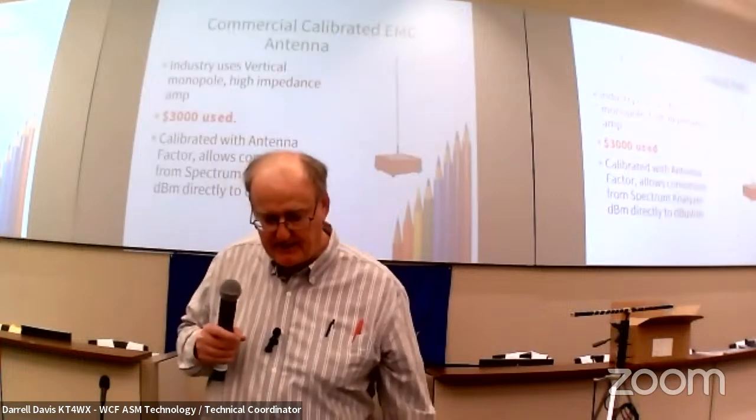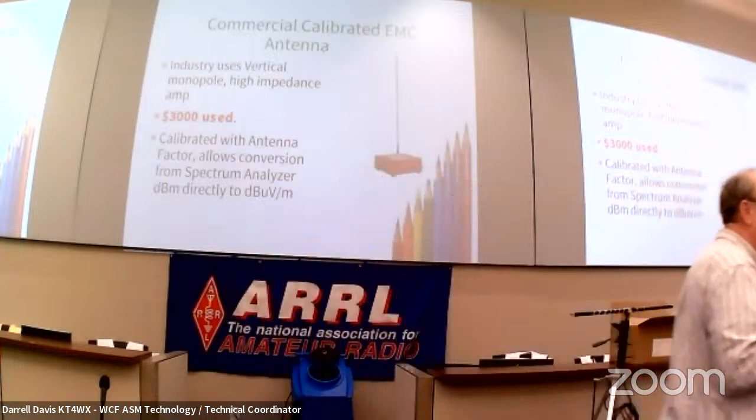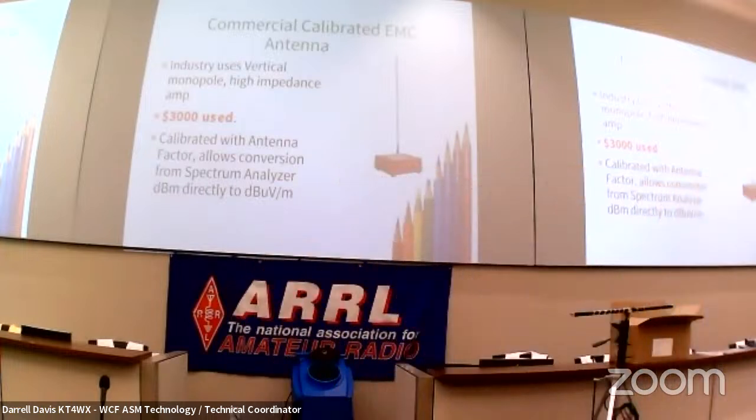So I need a calibrated antenna. Oh, that's no problem. They sell them. It's a 3-foot monopole with a high impedance input amplifier, and there's also a ground plane that goes with it. And if you'll just let me have the 3000, I can buy a used one so I can make my measurements. Takers? I didn't think so.